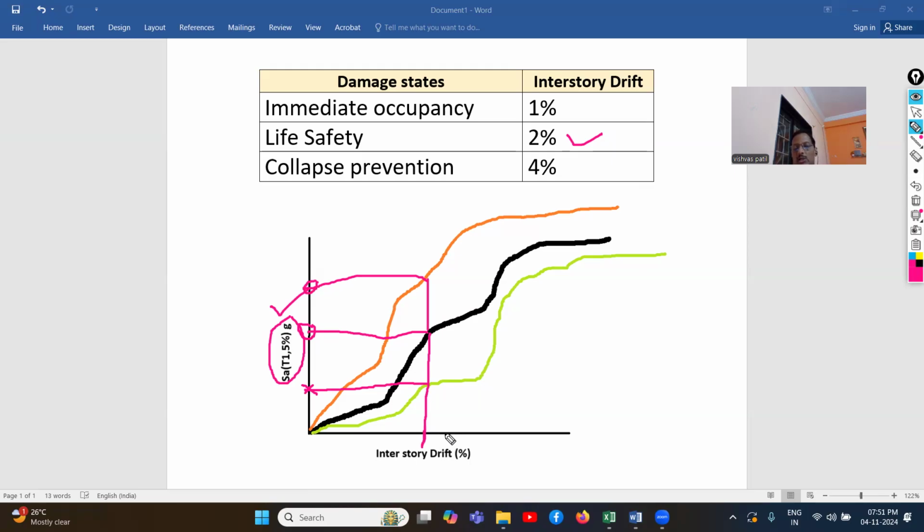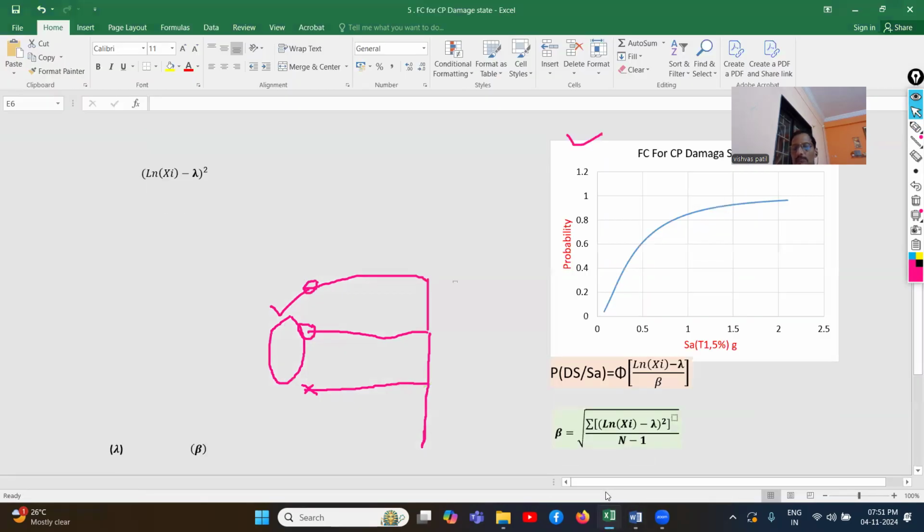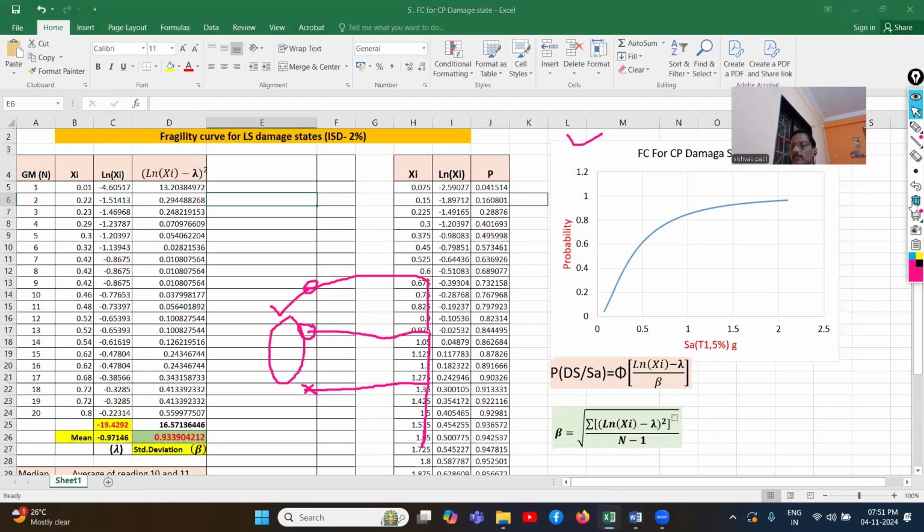If there are 20 ground motions, then there will be 20 such lines, and we will get 20 spectral acceleration values. As an example, we will take 20 ground motions.